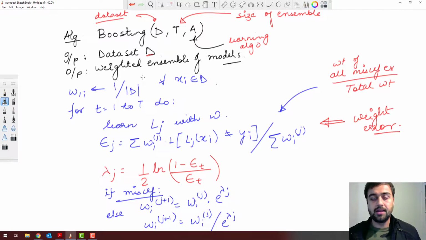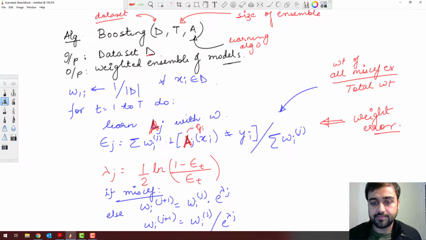So the first step would be to initialize the weights for all the instances. Let's say there are mod D number of instances in our data set. Each of them is given equal weights, right? Now for each ensemble, we learn the model, let's say this is AJ, and this is the prediction, that is the Y hat i.